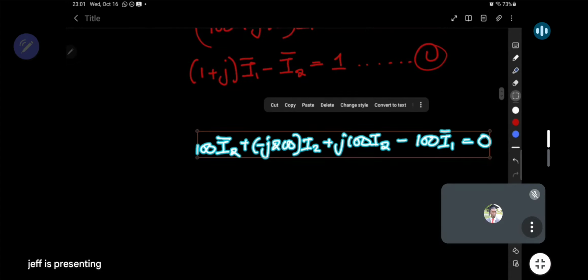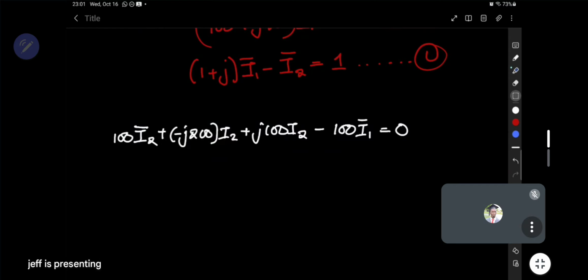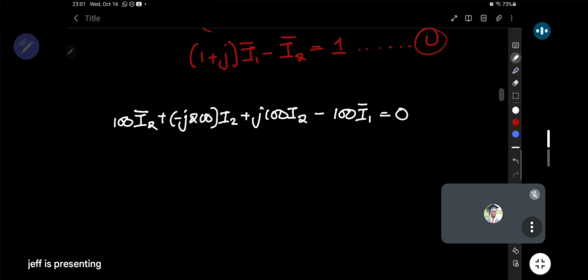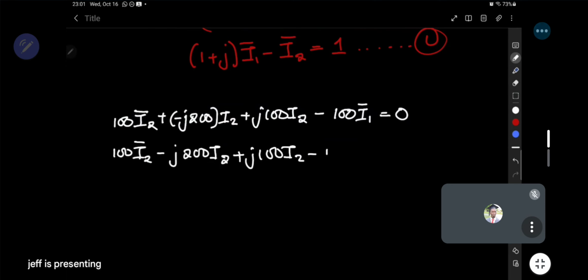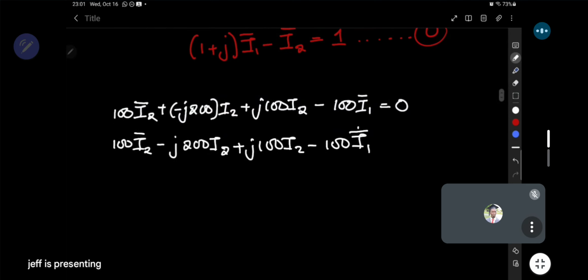From there, we now just have to simplify. So simplifying this, what do we have? This is 100 I2 minus J200 I2 plus J100 I2 minus 100 I1. Only one term here has I1, so I want I1 to be first.